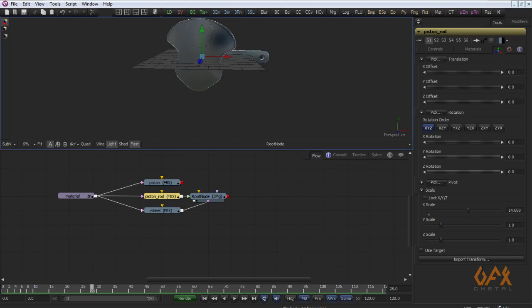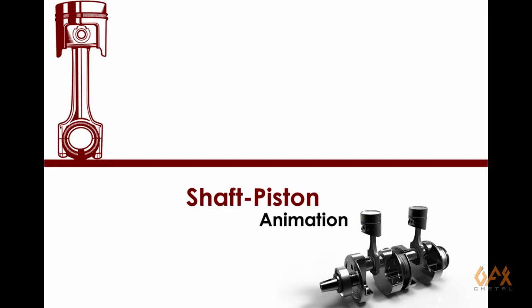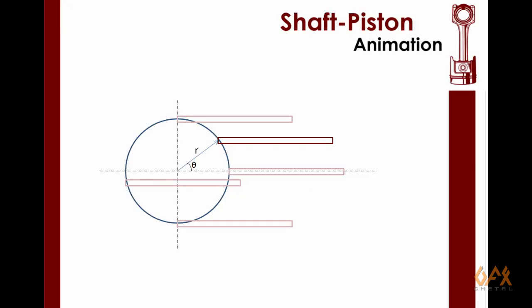Okay, so for that we already see one basic concept, and that is this. Okay, so we have to move our rod on this arc of that wheel. Okay, so simple things, we have radius, we have angle.